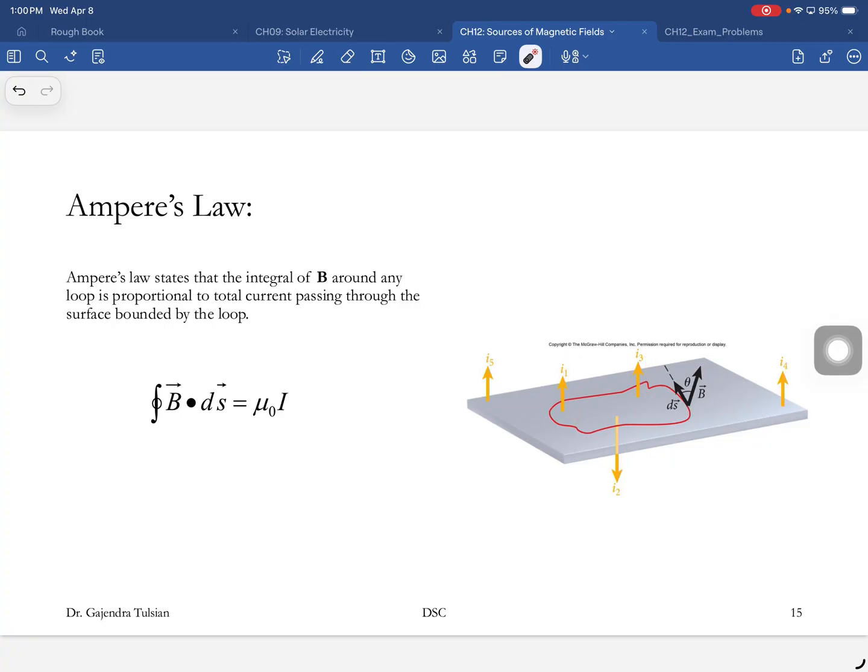Again, you're using your right hand. If your fingers are going in the direction of the line integral, your thumb points in the direction of positive current.